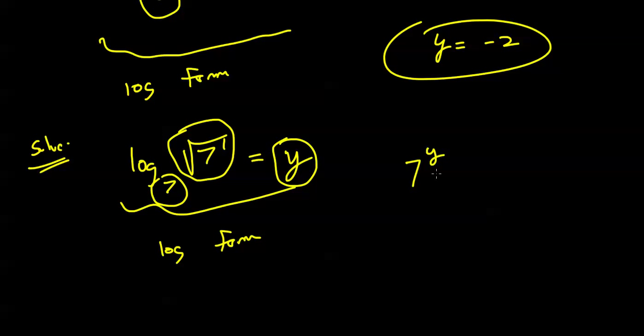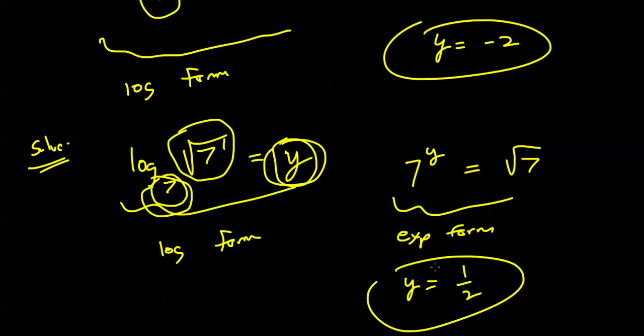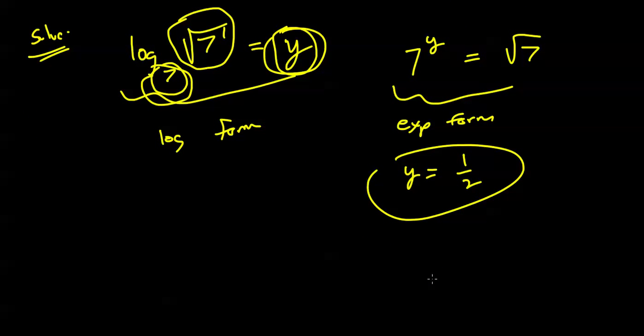So what I'm really saying here in exponential form is that 7 to the yth power equals the square root of 7. Alright, and I think we can spot this. What exponent do I put on 7 to get the square root of 7? Well, of course, y equals 1/2. We call these fractional exponents. We define the 1/2 power as being equivalent to square root. So our answer to this equation is y equals 1/2.